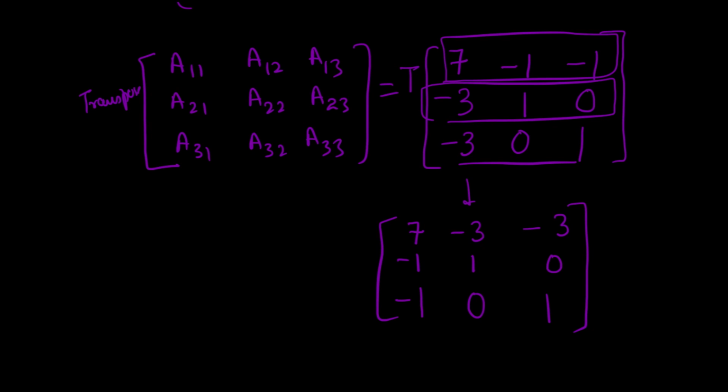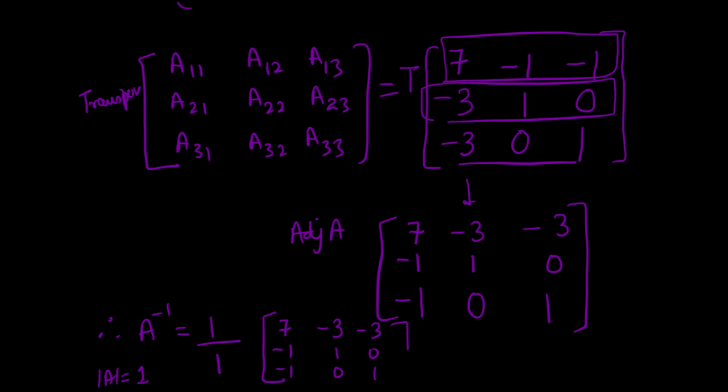So this is the adjoint of the matrix A. Therefore, A inverse will be 1 divided by the determinant of A, which in this case is 1. So 1 divided by 1 times the adjoint of A, which is 7, minus 3, minus 3, minus 1, 1, 0 and minus 1, 0, 1. So this is how you find the inverse of the matrix.